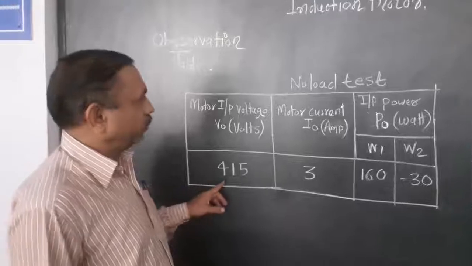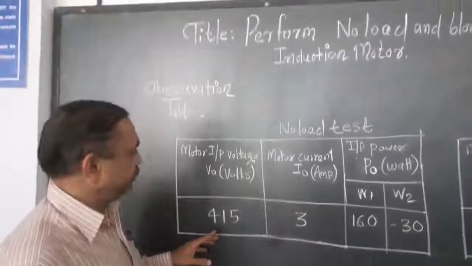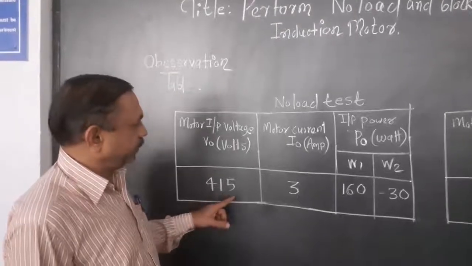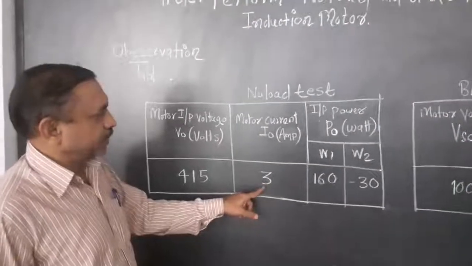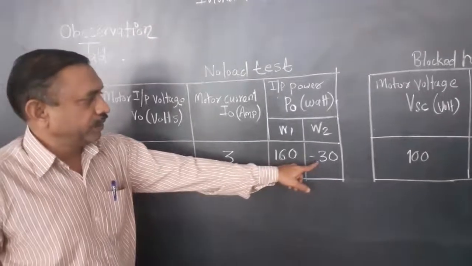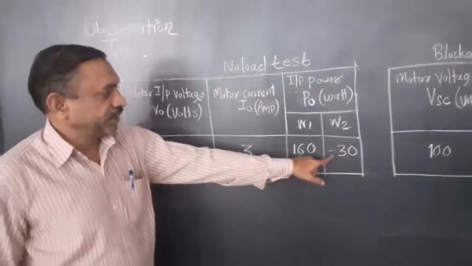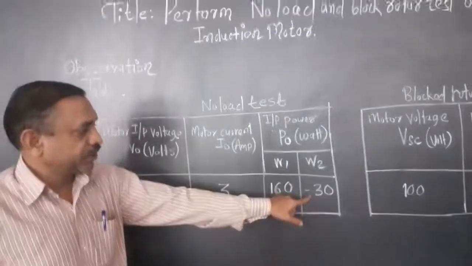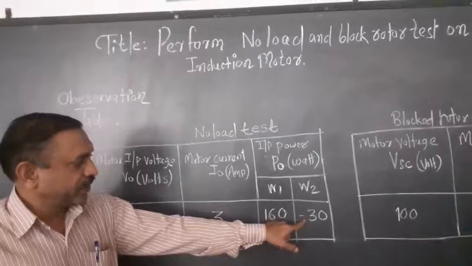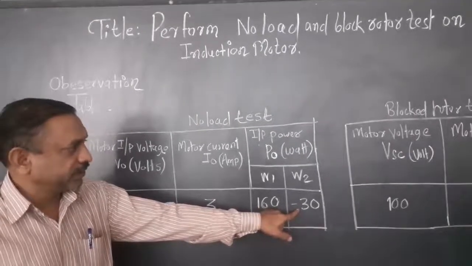Reading for the no load test and block rotor test, which we already showed. The V0 in the no load test is 415 volt. The current I0 is 3 ampere. We get W1 as 160 and W2 as minus 30. Minus indicates that we have reversed the connection of one of the coils so that the wattmeter reads, and whatever that value is, we have to take as negative.